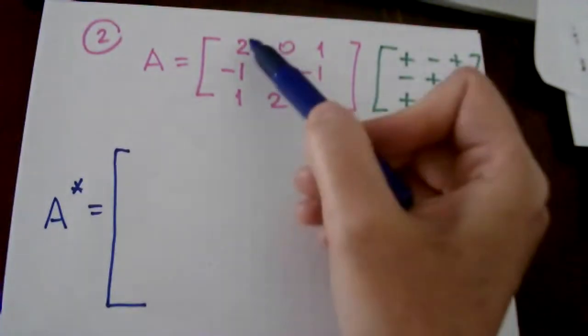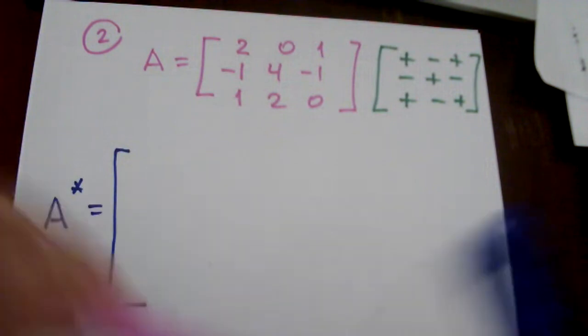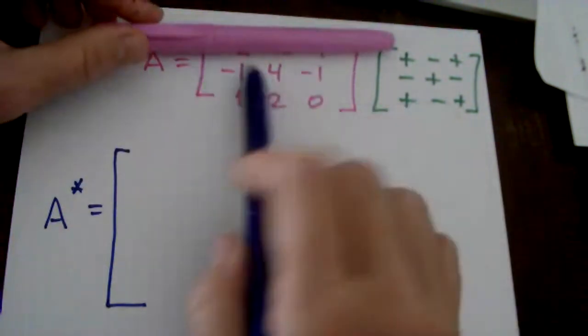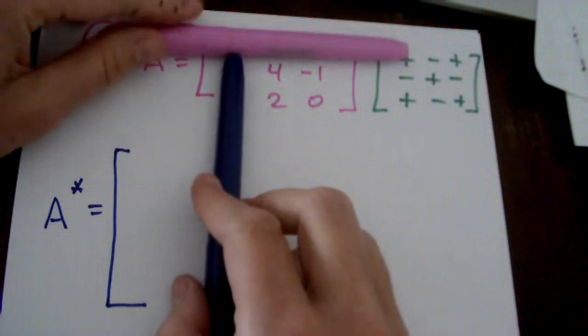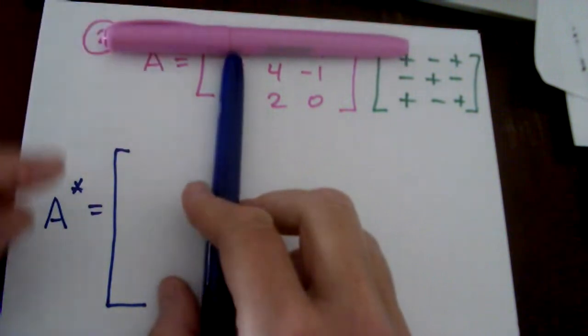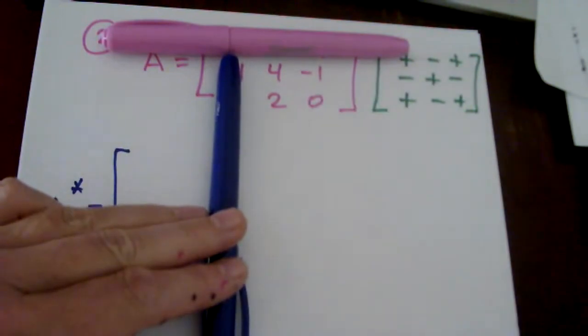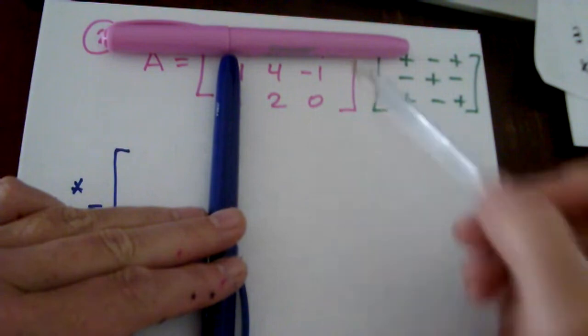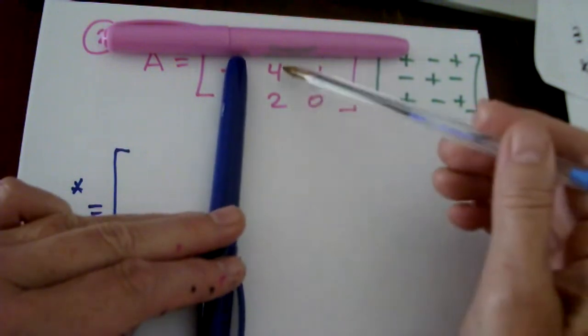So let's start with the very first element, 2. It's located in the first row and the first column. And we are left with this matrix. Unlike in the previous example, we need to calculate the determinant of this matrix. It's better to do it in your mind, to be honest, because there will be too much writing. I don't think it's a very challenging task for you.